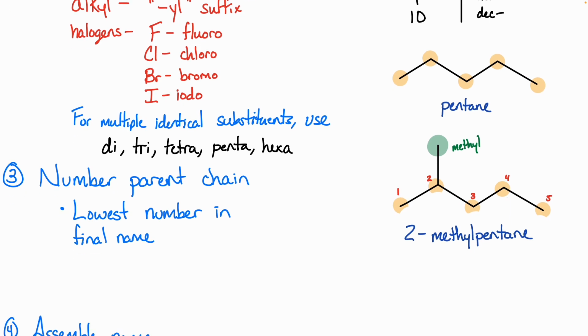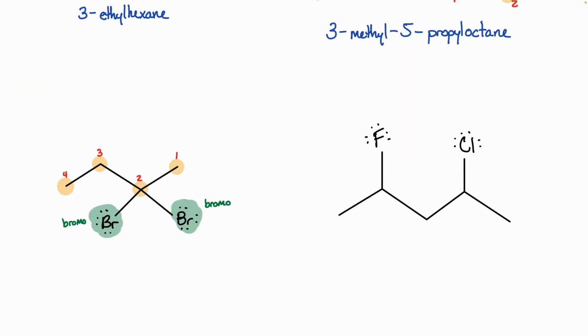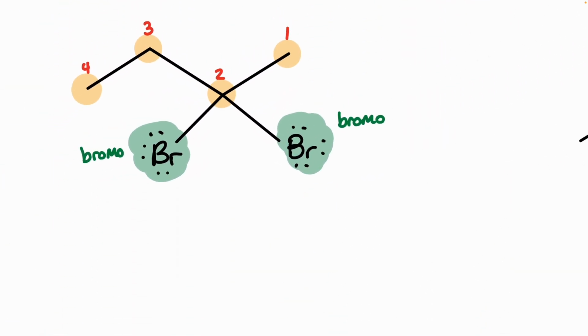All right? The other thing that everybody always forgets here is you need to include the locant of both of those bromo groups in your name. You can't just say 2-dibromo. Since there are 2 bromo groups, you have to indicate that they are both located on carbon 2, 2,2-dibromobutane.